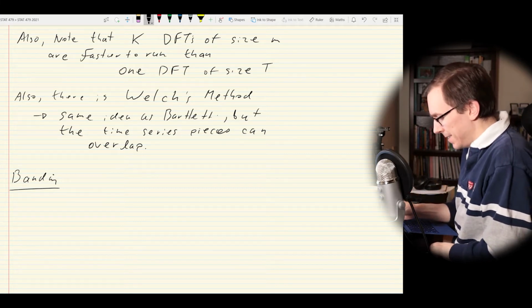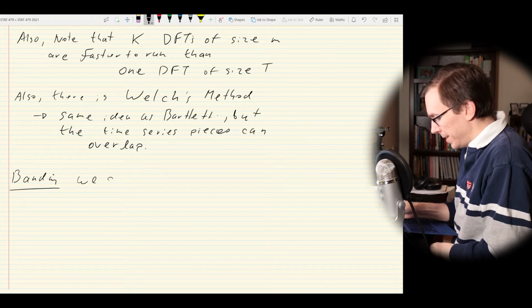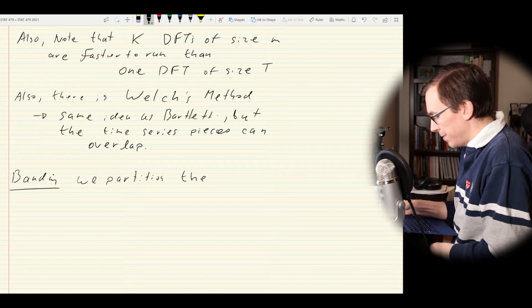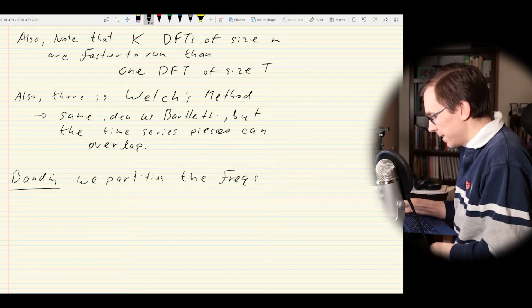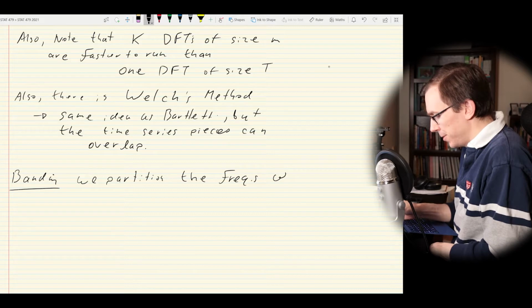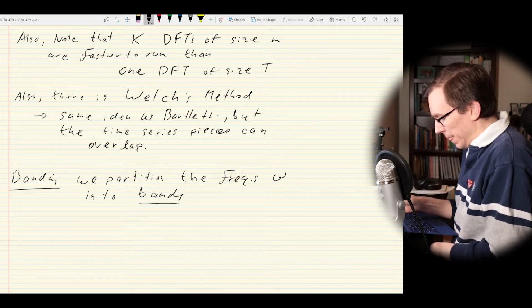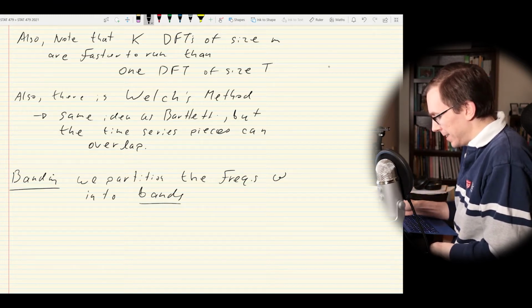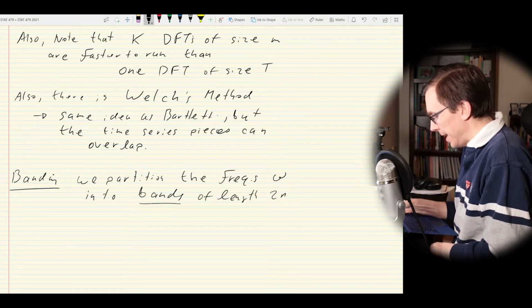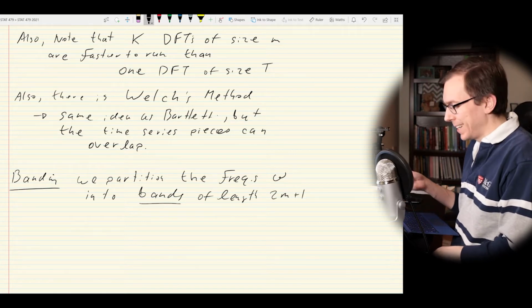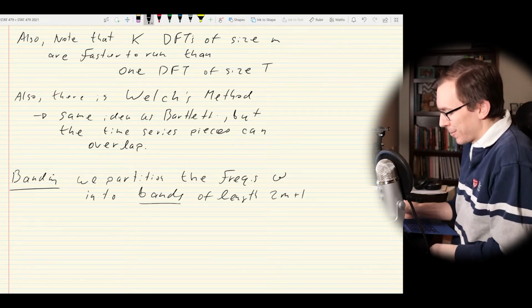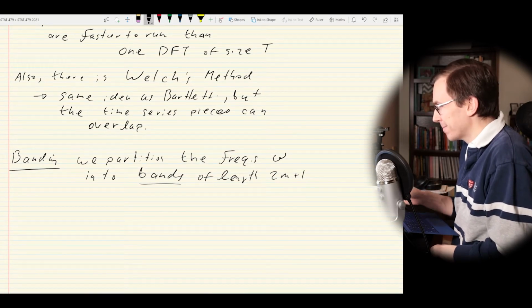So in this case, we partition the frequencies omega into bands. All right, so what's a band? Well, we'll say of length 2m plus 1. There's a reason why. Again, we want it to be an odd number, so I'm going to write it as 2m plus 1.